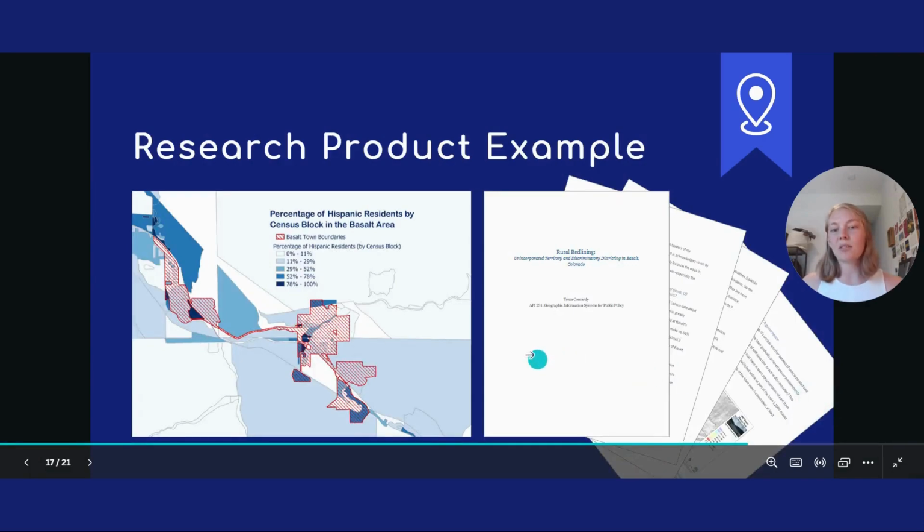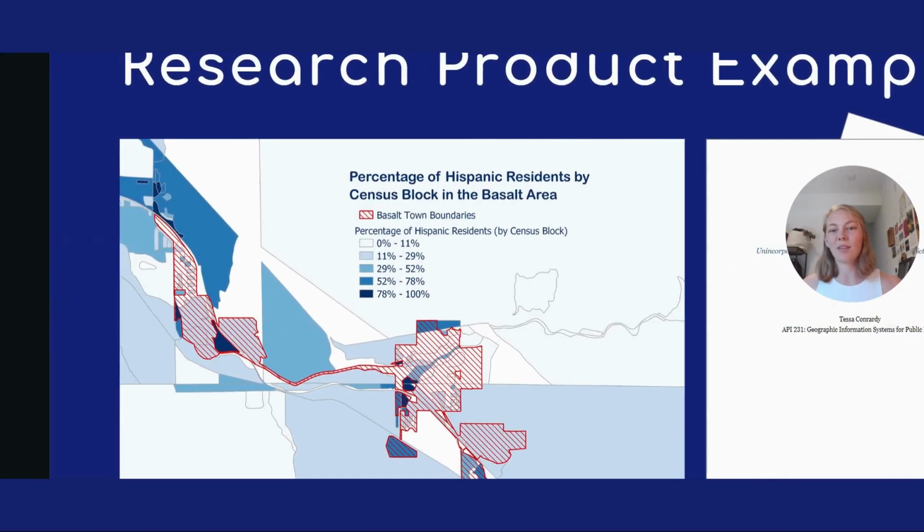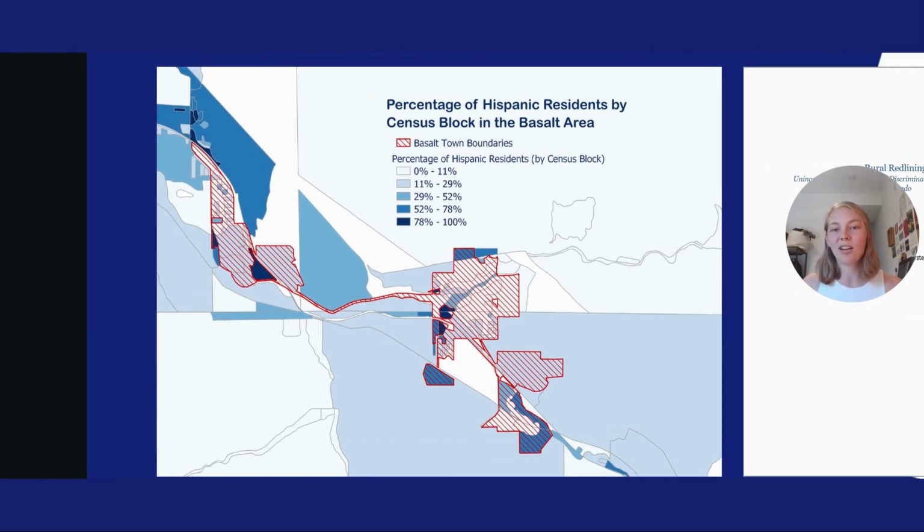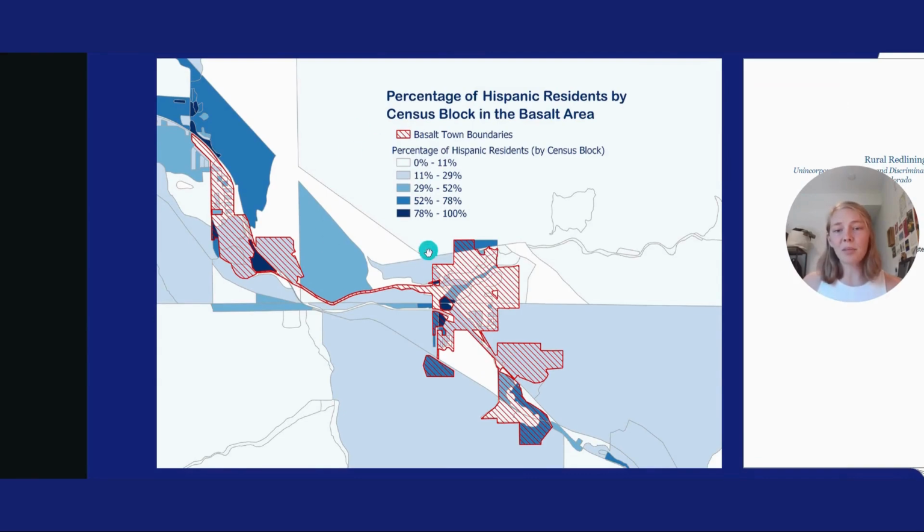An example of what this might look like, and this is a different topic entirely, is a voting representation map. This is a map that I produced earlier this year regarding districting practices in rural Colorado. You have the town boundaries in red, the percentage of Hispanic residents in each neighborhood coded in blue.